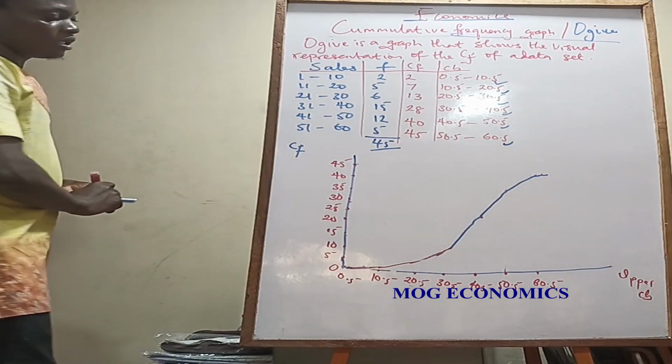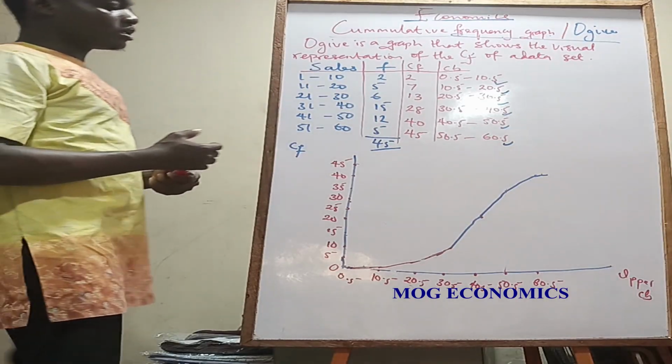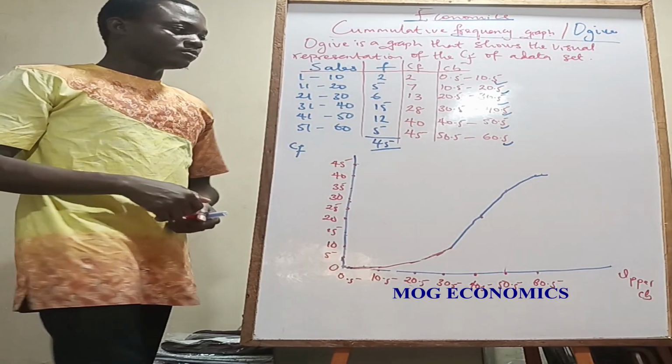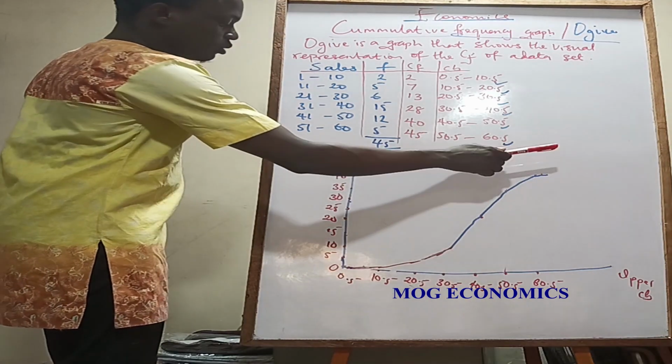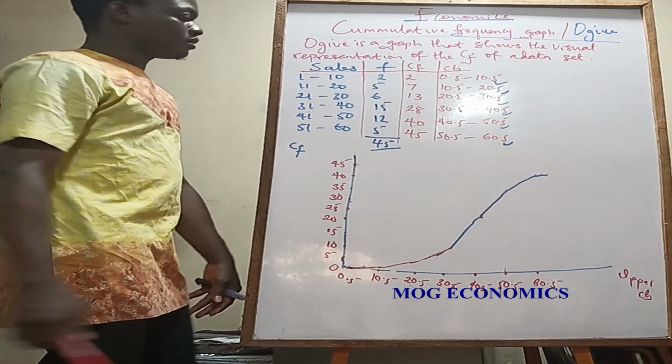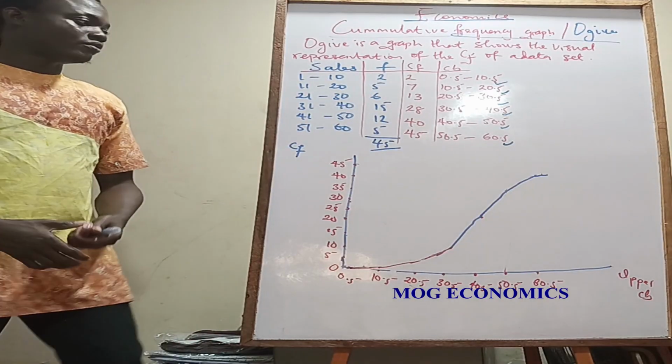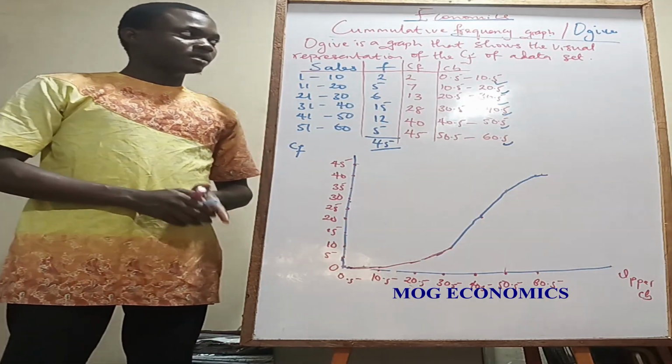So you're done. This is how to construct our ogive. 60.5, 45. That's all.